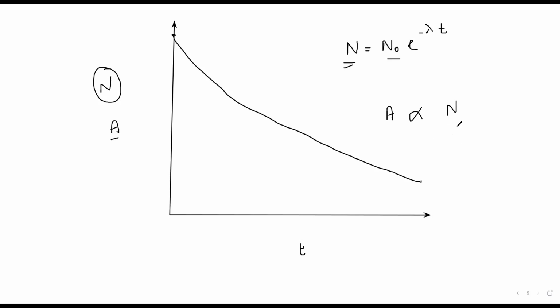Greater the number of nuclei, greater the number of disintegrations. So I can simply say A is proportional to the original number. When we replace the proportionality sign, we replace it with equals and a constant, so it is lambda and N naught. N naught is the maximum number, and A is the activity, lambda is called the decay constant. And activity is dN by dt, the rate of change of radioactive nuclei, equals lambda N naught.